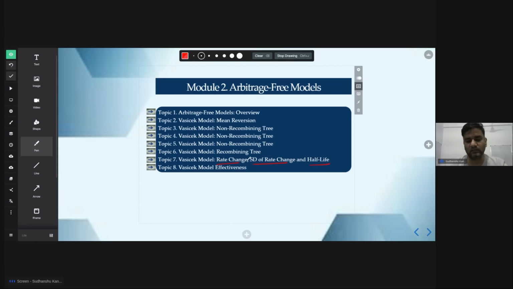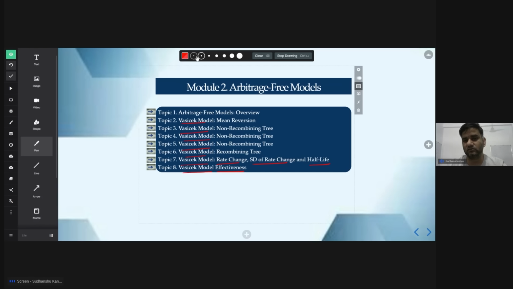We'll give the formulas for this. Lastly, we'll discuss the effectiveness of the model, as we have done for no drift, constant drift, and Ho-Lee. So overall, it is very heavily dominated by Vasicek. Everything is about Vasicek here.